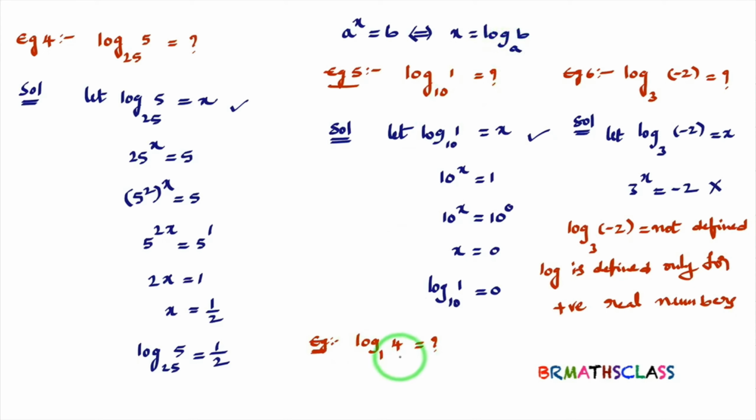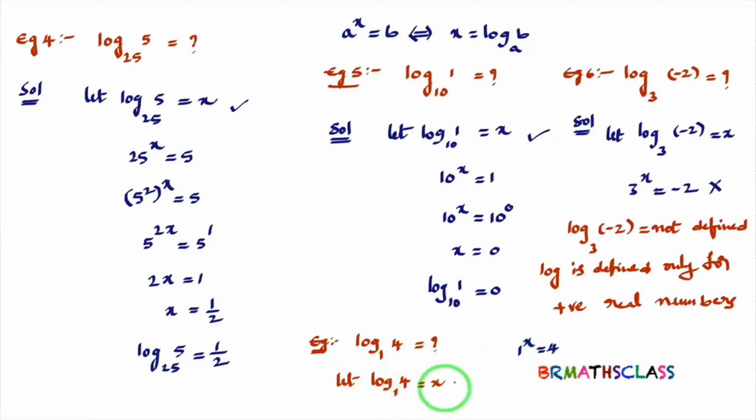What is its value? We know that logarithm is defined for positive real numbers and the base value cannot be equal to 1. Here base value 1 is there, so this is not defined. In case you don't know all those things, try to do this in the regular method. I'll consider log 4 base 1 value as x. As per the definition, this can be written as 1 power x equal to 4.